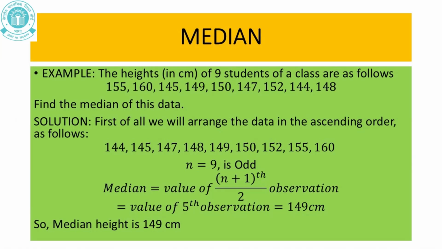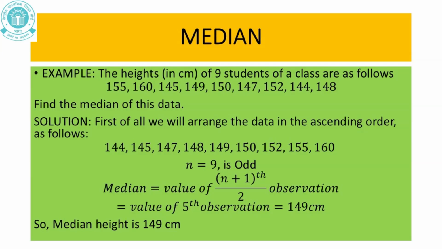The heights in centimeters of 9 students of a class are as follows: 155, 160, 145, 149, 150, 147, 152, 144, 148. Find the median of this data. First of all, we will arrange the data in ascending order as follows: 144, 145, 147, 148, 149, 150, 152, 155, 160.